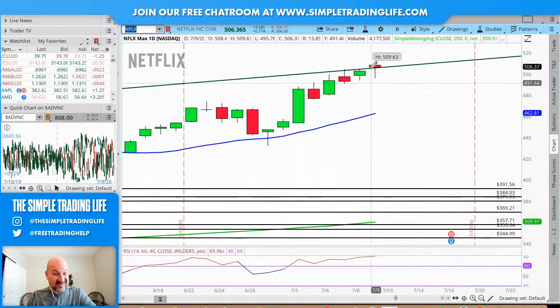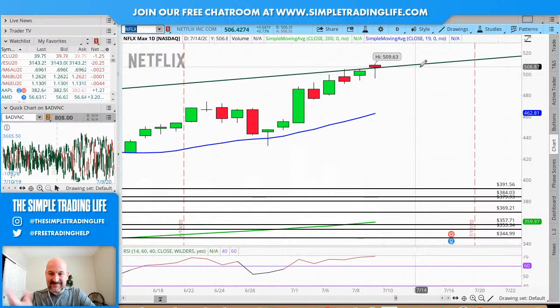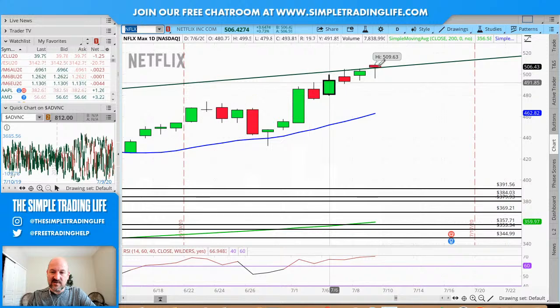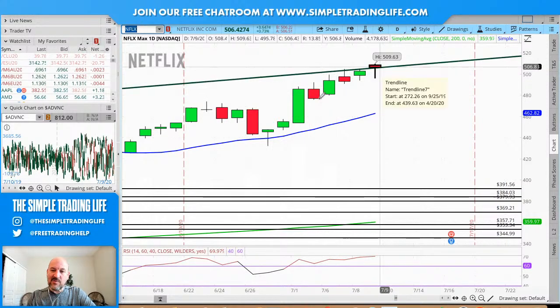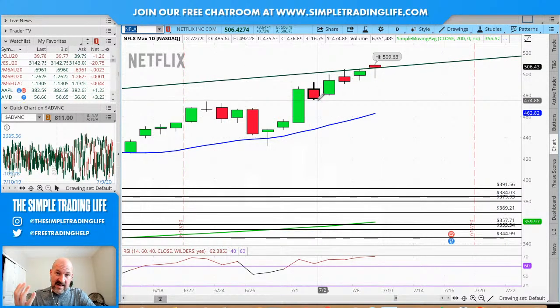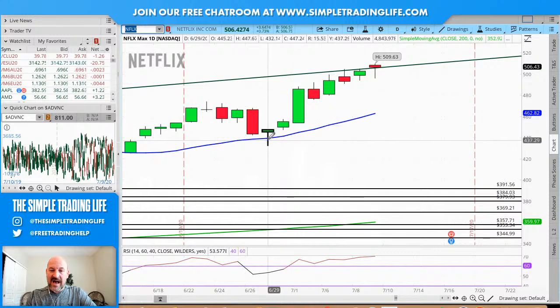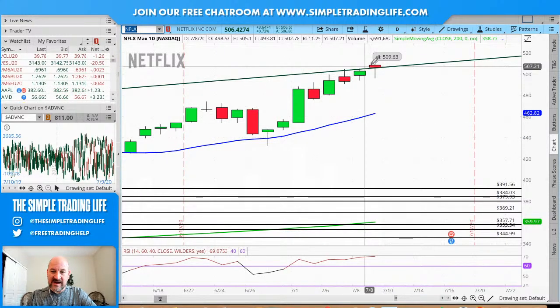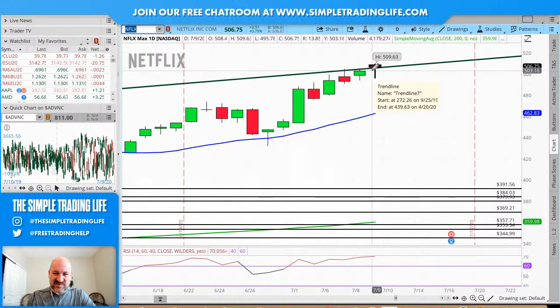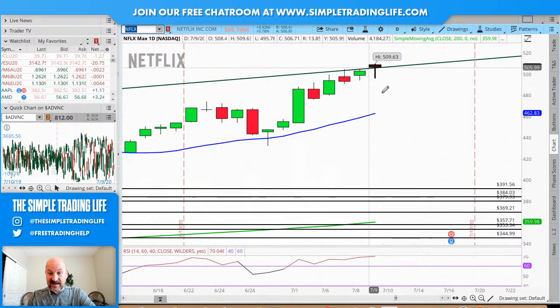But look at this, still right here at the top. Again, this line is just a visual, right? It doesn't necessarily mean anything, but we're still right up here at the top. But I would have thought, and again, you know what happens when you assume, I would have thought after this strong move up and then the market being as weak as it is today, we would have seen a big flush off of Netflix.